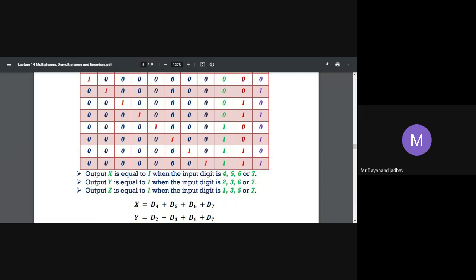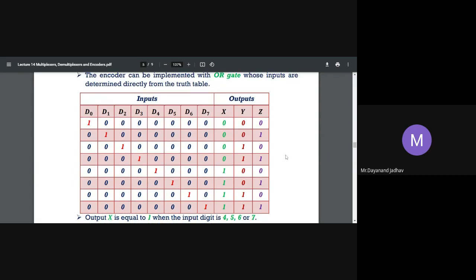Output x is equal to 1 when the input digit is 4, 5, 6, 7. For y, we consider D2, D3, D6, D7.